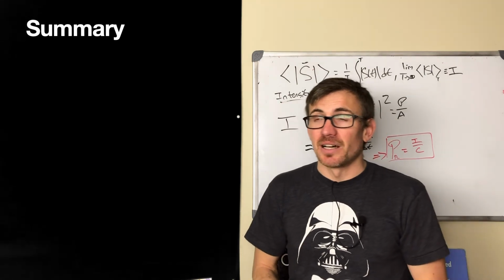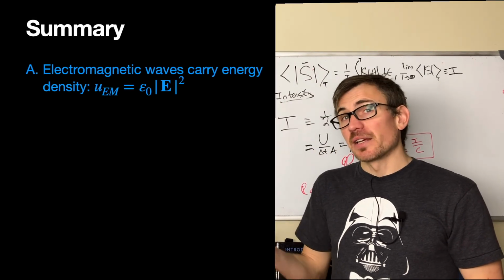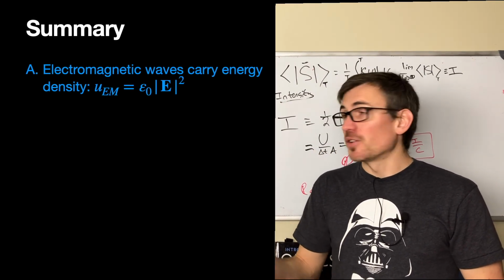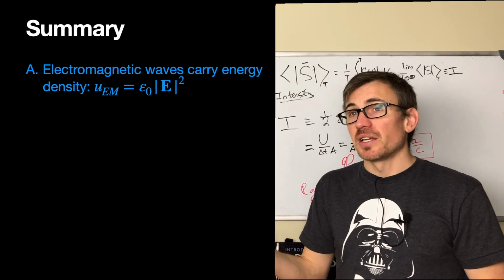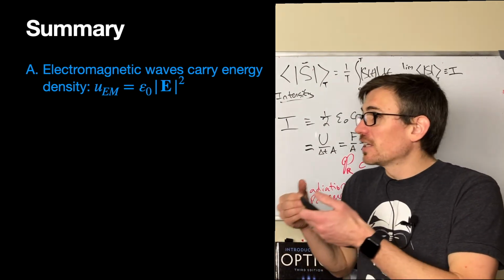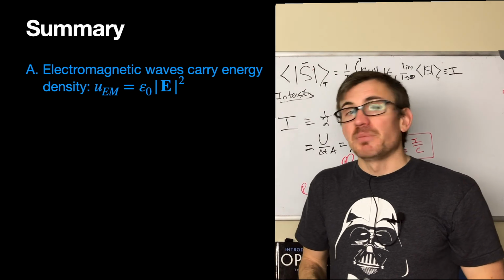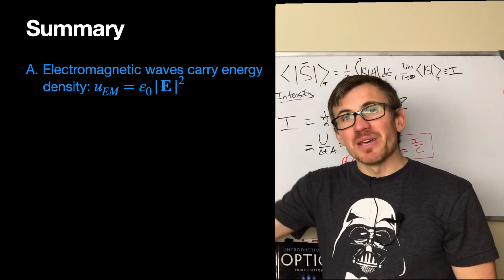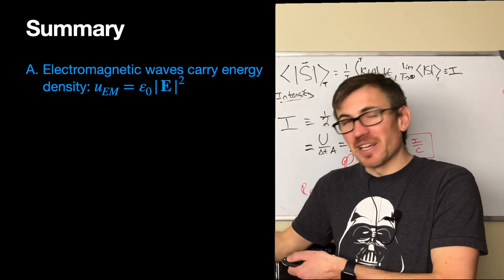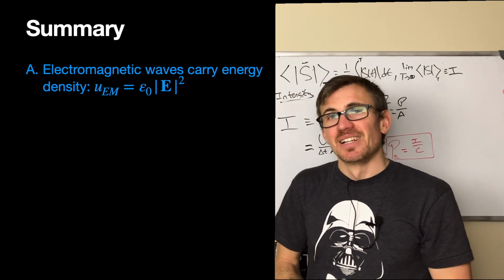Let's summarize. The fact that electromagnetic fields, electric and magnetic fields, have energy density associated with them, and we combine that with the fact that it's traveling at the speed of light, means that we're transferring energy, that light is beaming energy. A laser is literally beaming energy through space at the speed of light.